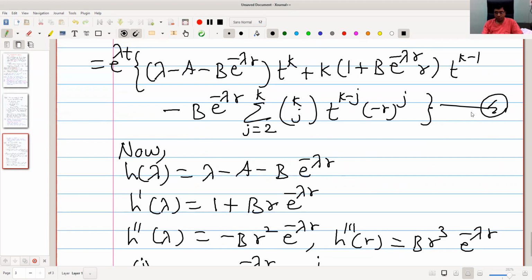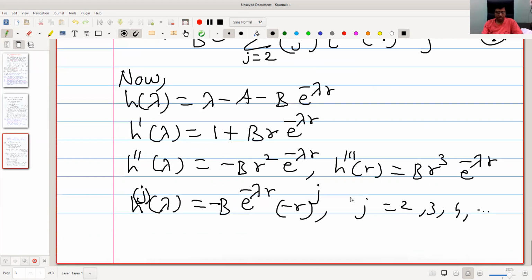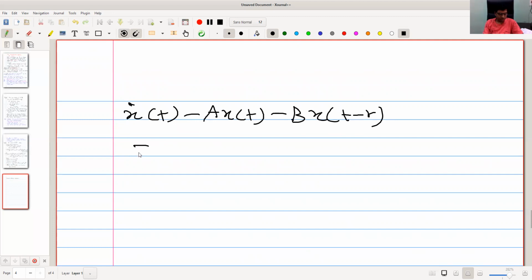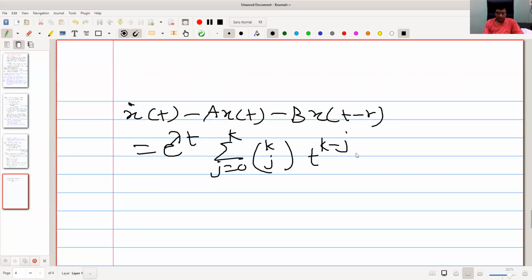Therefore 4 becomes, left hand side is x dot of t minus a x of t minus b x of t minus r, equal to e raised to lambda t is common, into summation j equal to 0 to k, k choose j, into t raised to k minus j into jth derivative of h at lambda.